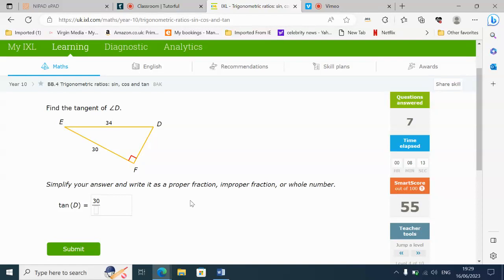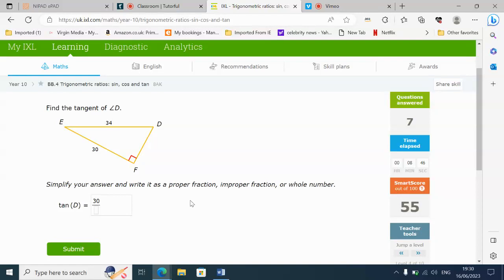So now I need to figure out what 34 squared and 30 squared are and subtract them. 34 squared is 1156, and 30 squared is 900.